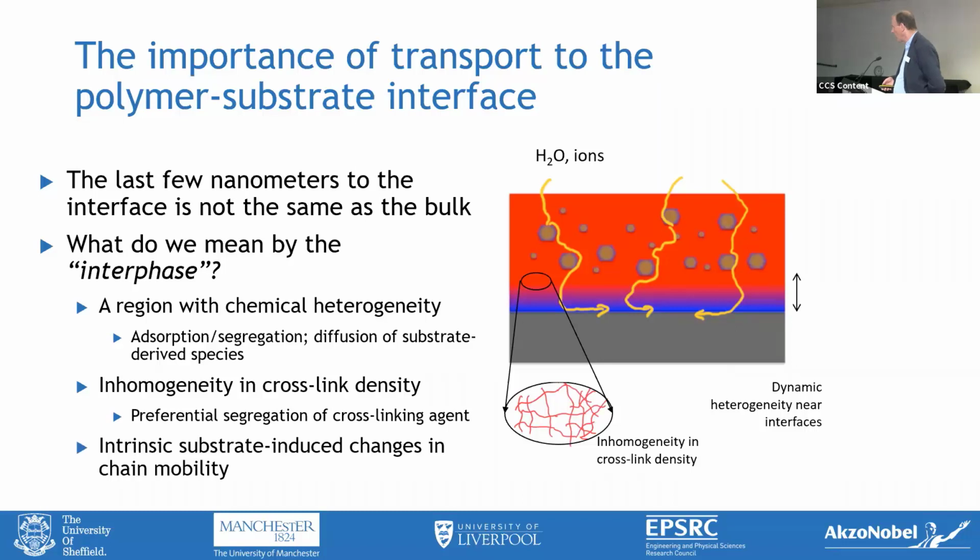But what I want to talk about now is, in a sense, even simpler: even in the absence of chemical heterogeneity or inhomogeneity in cross-link density, there is the question that the substrate itself may induce changes in chain mobility that will affect diffusion properties.